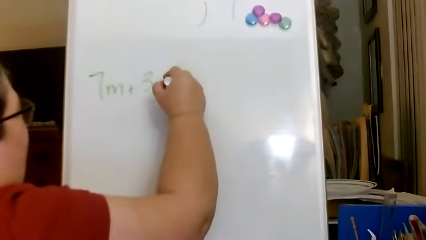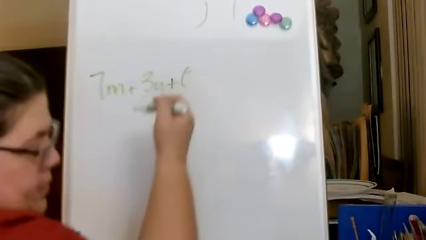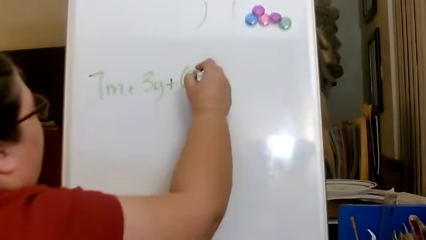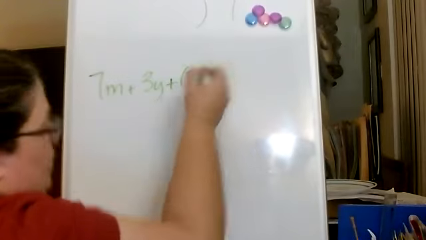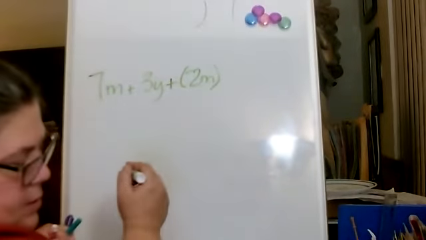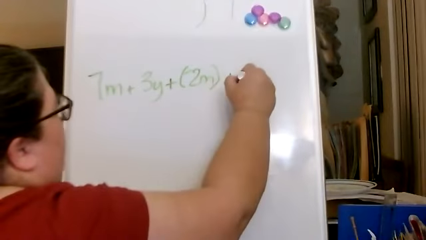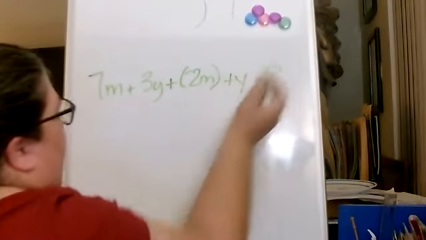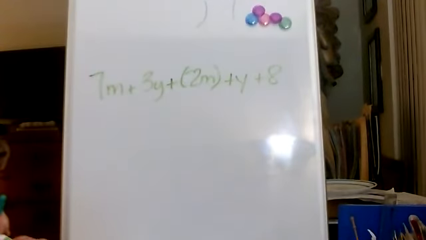We add negative 2m. Plus y plus 8. Okay, take a look at that for a minute and see if you can't figure out which ones are the like terms.